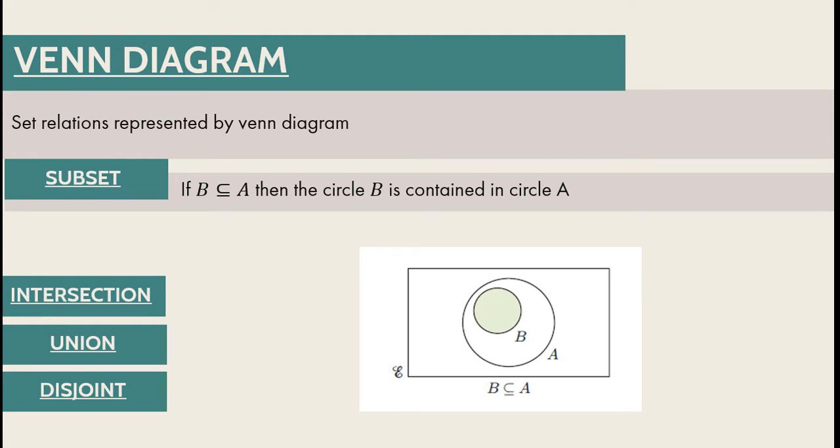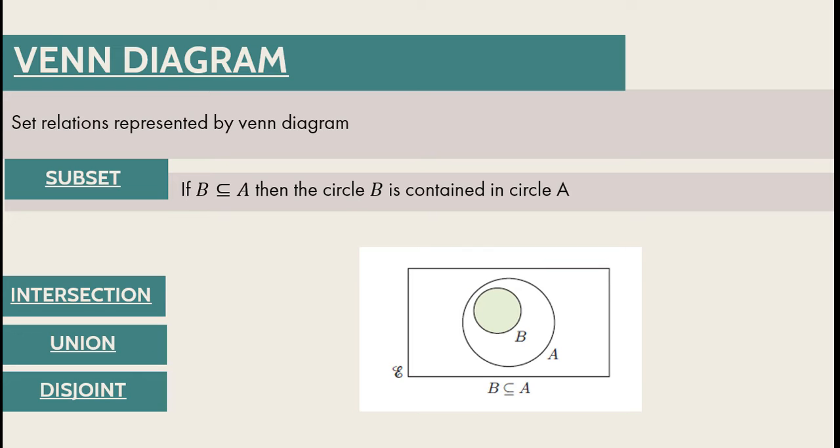First, subset. If B is a subset of A, then the circle B is contained in the circle A. You can see on the screen, the circle B is completely inside the circle A. So when we look at this diagram, we understand that the set B is a part of A, B is a subset of A. B can either be a proper subset or just a subset in general.